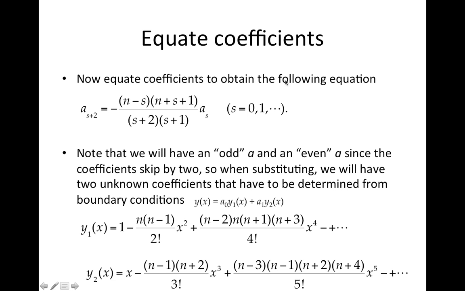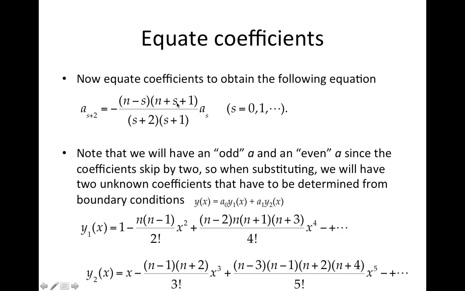So when you do that, here is our s plus 2 subscript, here are our terms for our coefficients, and then here's our a sub s. That's just collecting like terms for a sub s and solving for a sub s plus 2, where s runs from 0 to infinity.